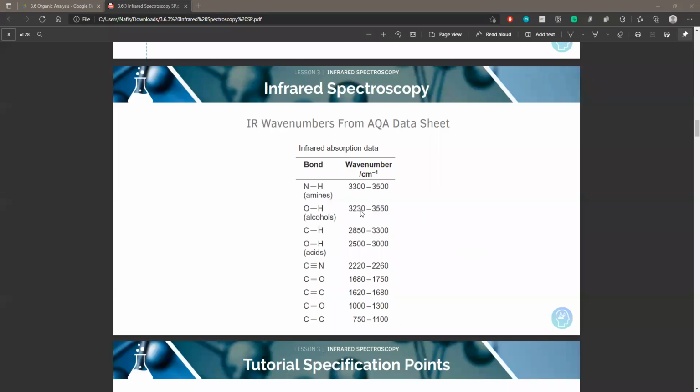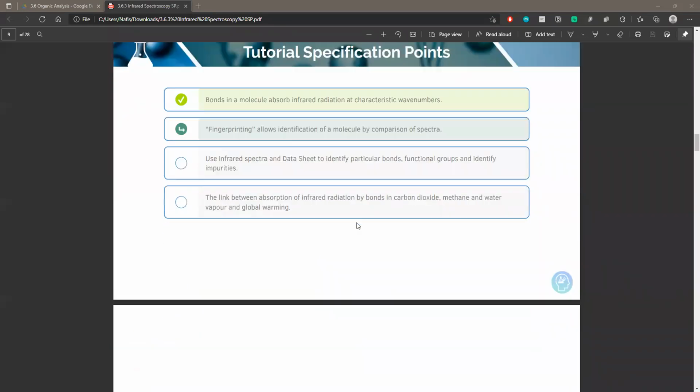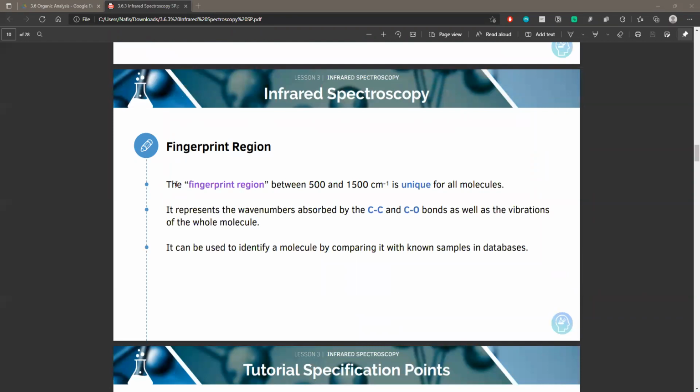The fingerprint region between 500 and 1500 is unique for all molecules. It represents the wave numbers absorbed by the carbon-carbon single bonds and the carbon-oxygen bonds, as well as the vibrations of the whole molecule. This is how we identify structures, because we can compare them to the samples in the database.